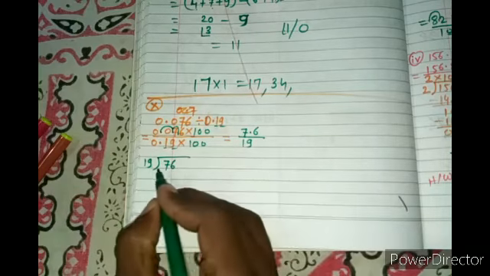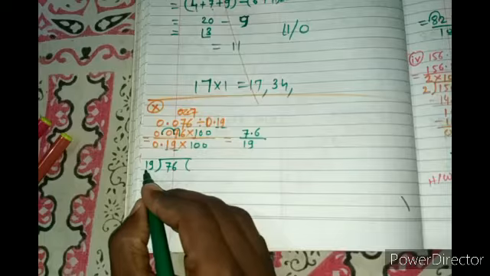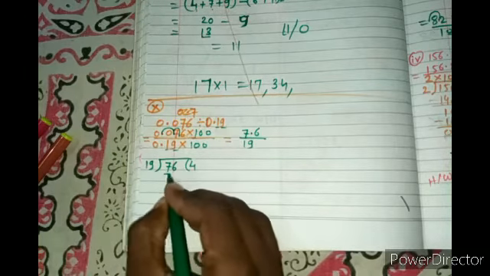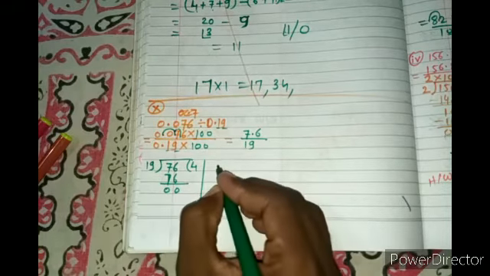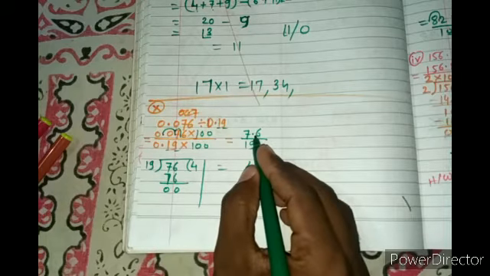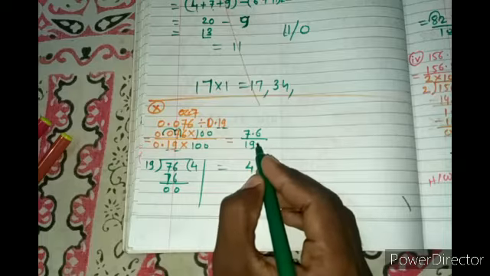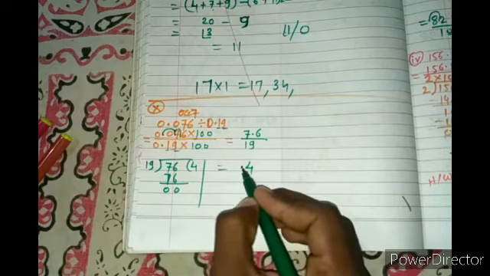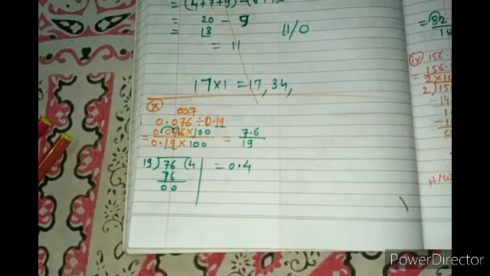Right. Now I will divide 76 without the decimal point by 19. So 19 fours are 76. Now the answer is 4, but we have to put this decimal point in the last dividend. In the last dividend, after the decimal point, there is only 1 digit. So here I put the decimal point. So it would be 0.4.